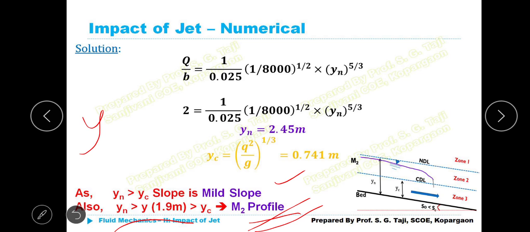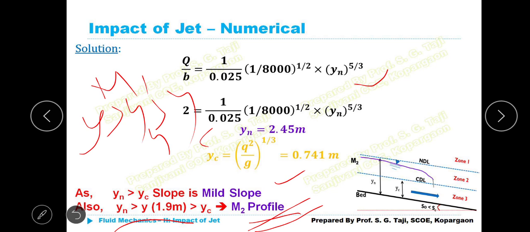Here Yn is greater than Y greater than Yc, means Y will come in between zone 1 and zone 2, therefore M2 profile. Okay, this is the additional thing I would like to explain to you in the classroom.